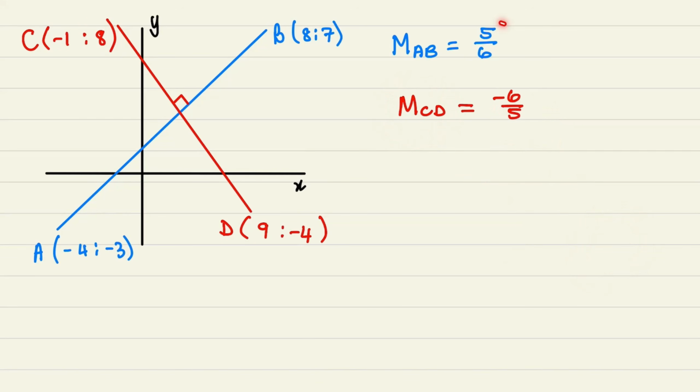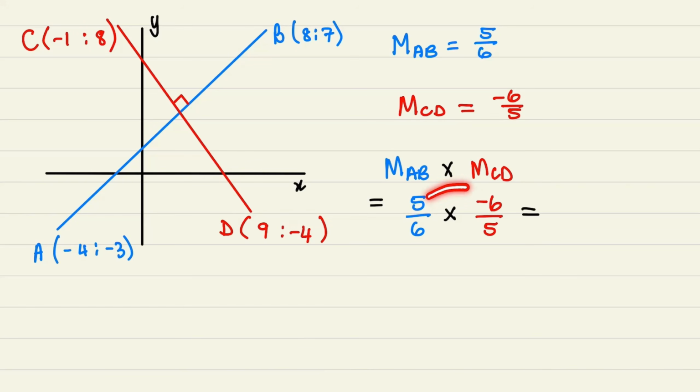Now with some experience, you can already see that if I multiply these two gradients with each other, I'll have an answer of -1, because the gradient of line CD is the negative reciprocal of the gradient of line AB. But if I multiply the two gradients with each other, I have 5 over 6 multiplied with -6 over 5.